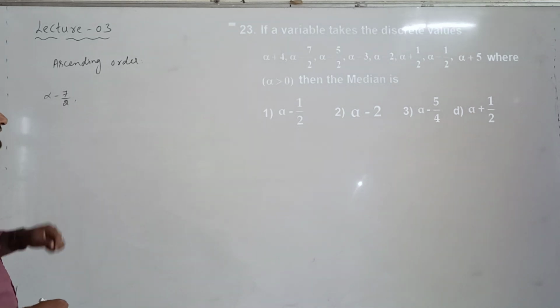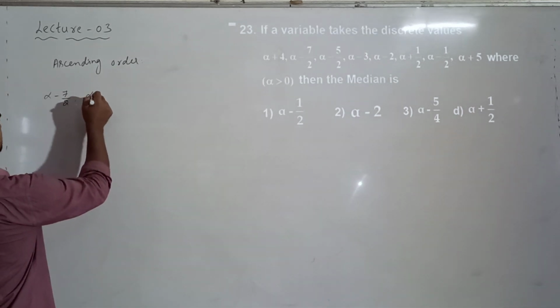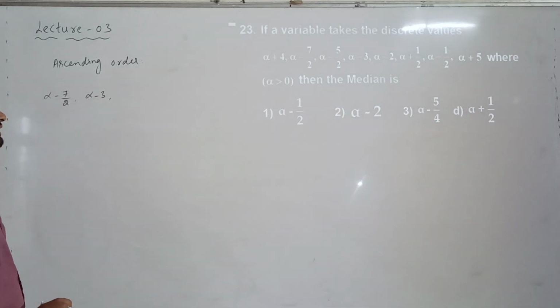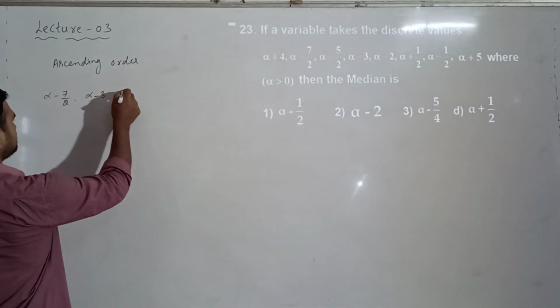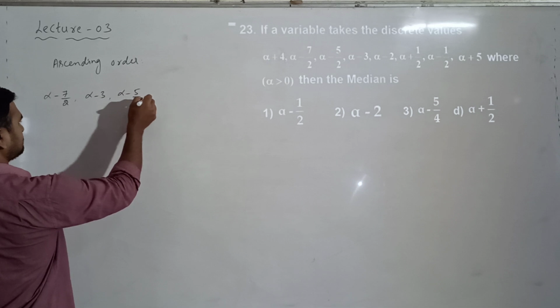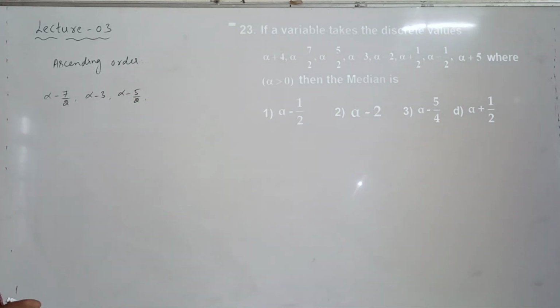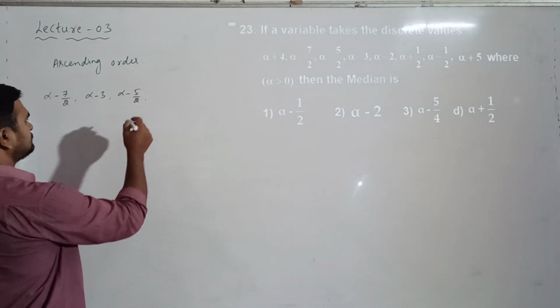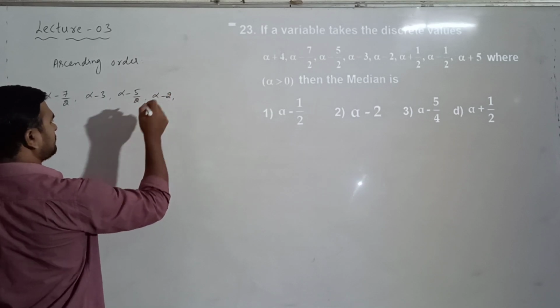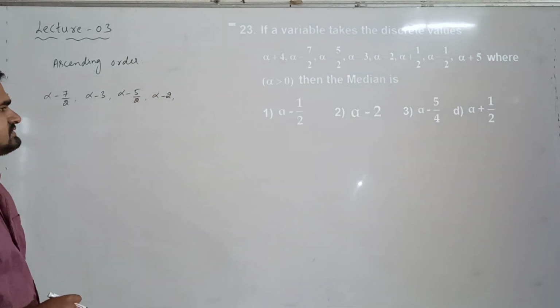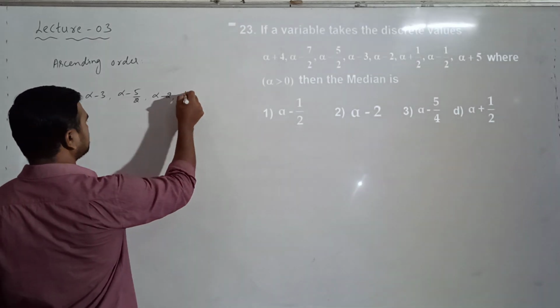Next, alpha minus 3, alpha minus 5 by 2. Next, alpha minus 2, then alpha minus 1 by 2.